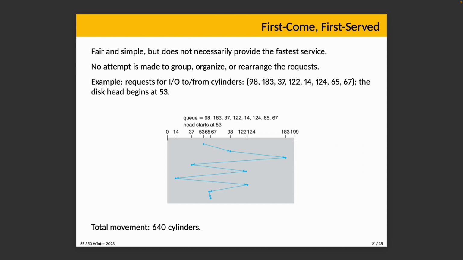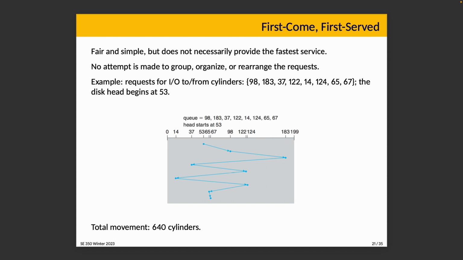So the algorithm that we'll start with is first come, first served. It is fair in the sense that everyone is equal, but it doesn't necessarily provide the fastest service because no effort is made to minimize extra work done. If you remember from the previous topic, I mentioned the idea that if the groceries and dry cleaning are in the same plaza, it doesn't make sense to go to the bank in between, because while you're in one place, you should do all the things you need to do there.